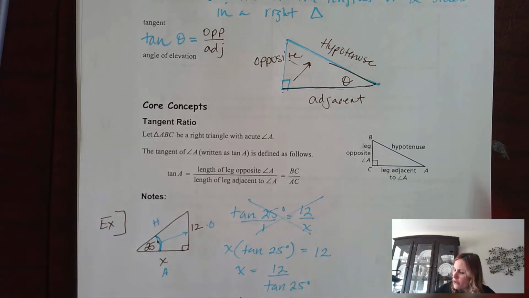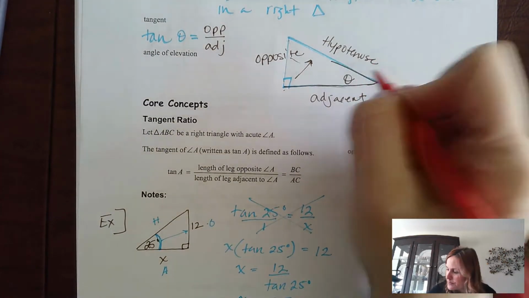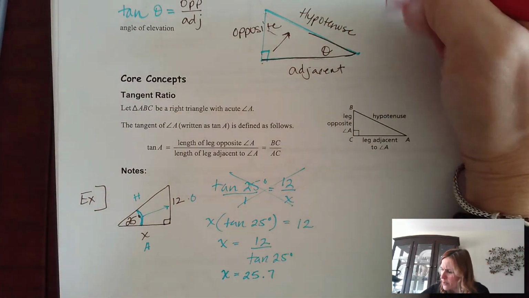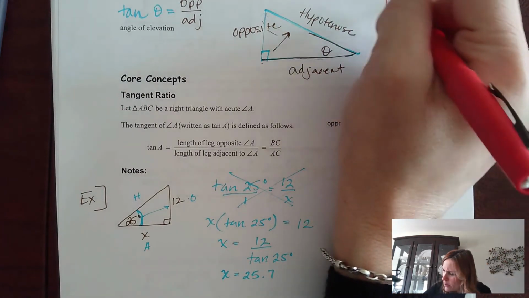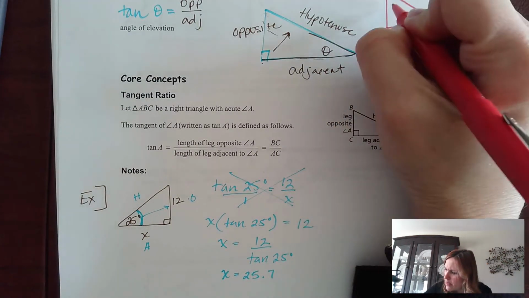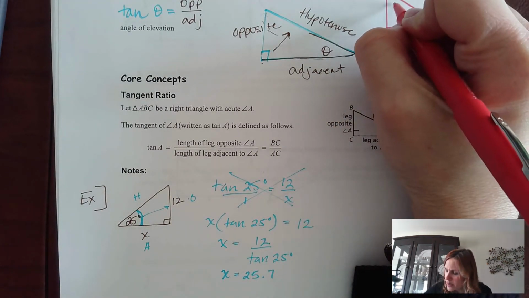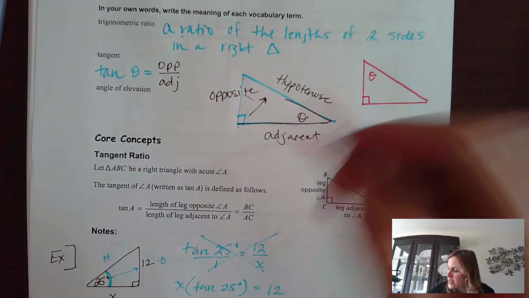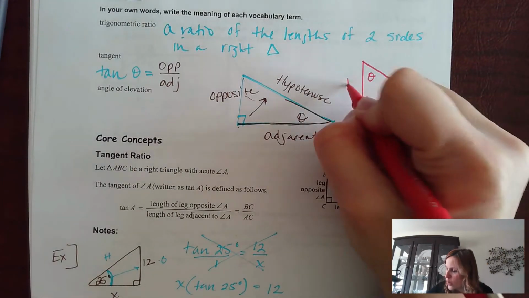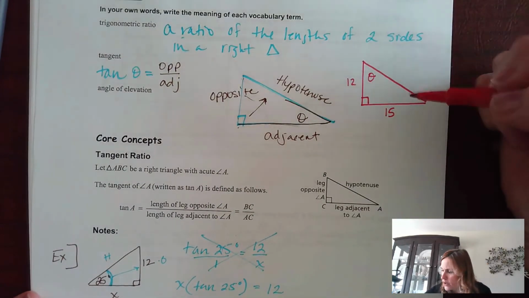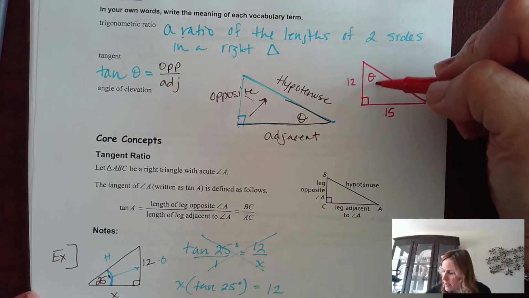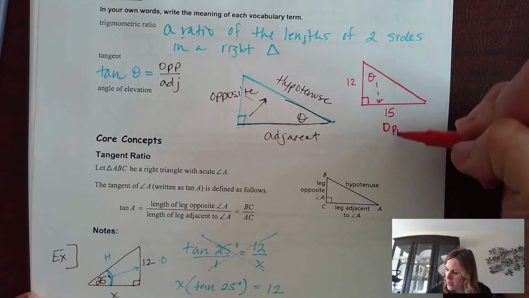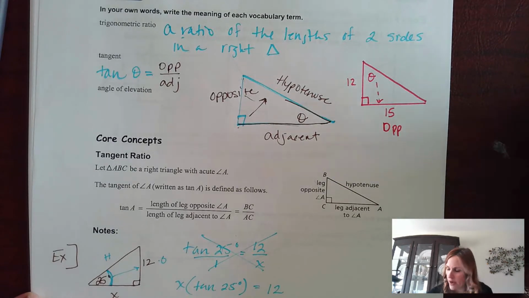All right, so the last thing I need you to understand: I'm going to go back to this theta. Remember, theta could be up here. Let's say I gave a right triangle and I put theta here, and let's say I made this 15 and this is 12. If you were labeling your sides, this is going to be your opposite side because it's across from your theta, your angle.